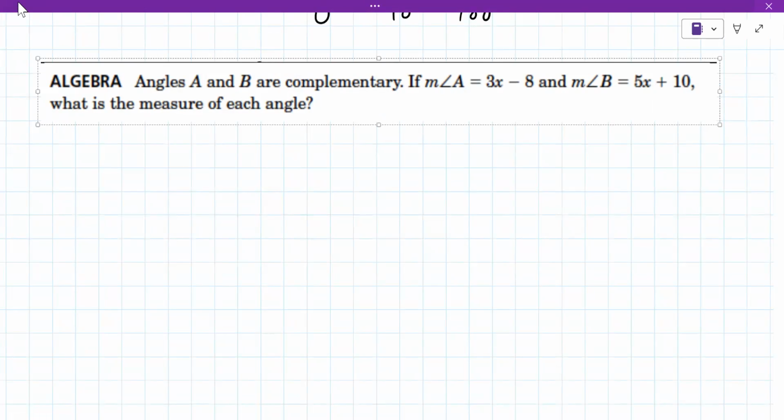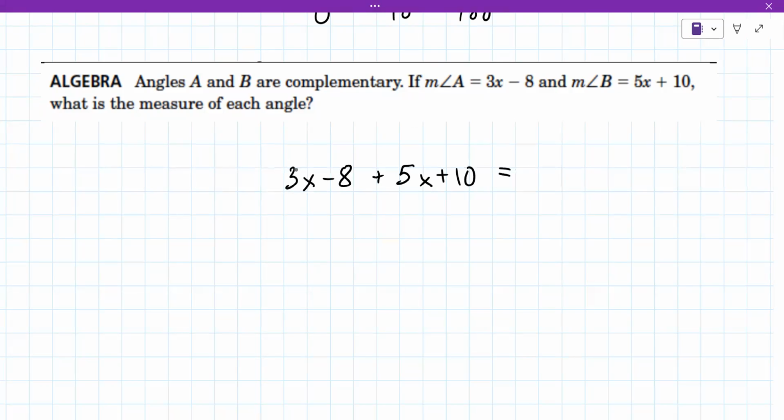So if the measure of angle A and the measure of angle B are complementary, that means they add up to 90. So you're writing an equation: 3x minus 8 plus 5x plus 10 equals 90.